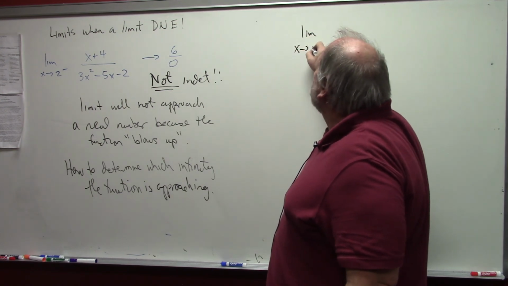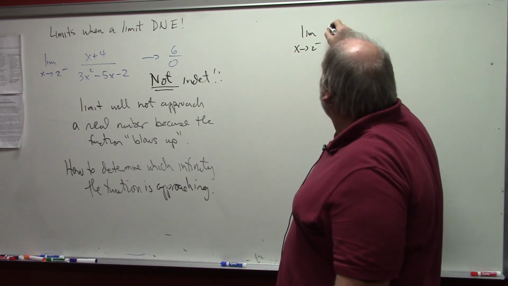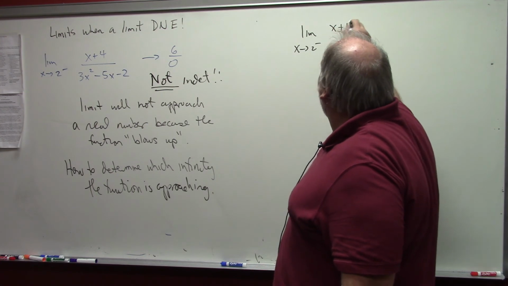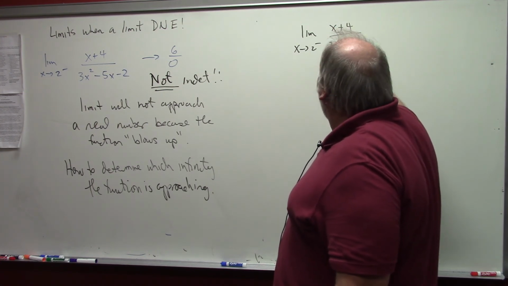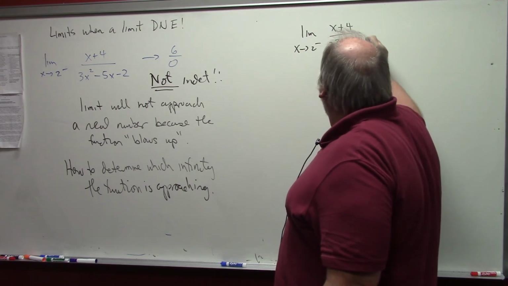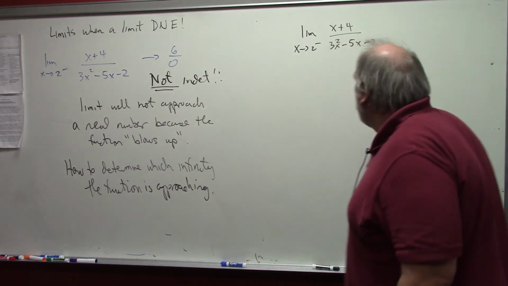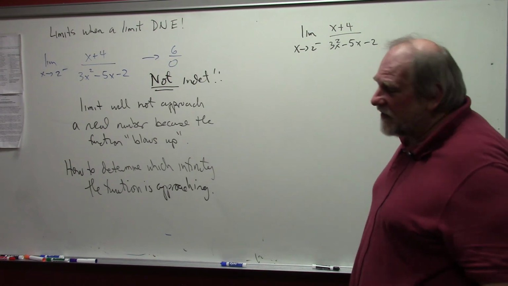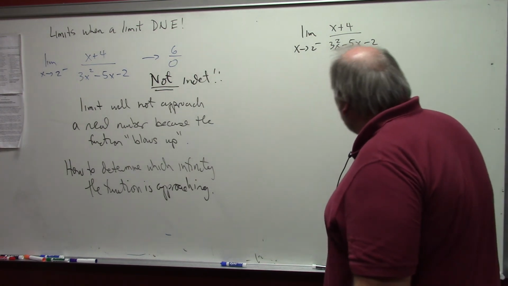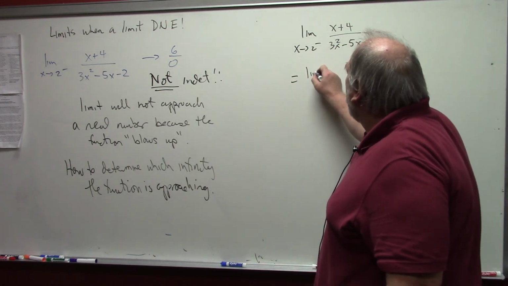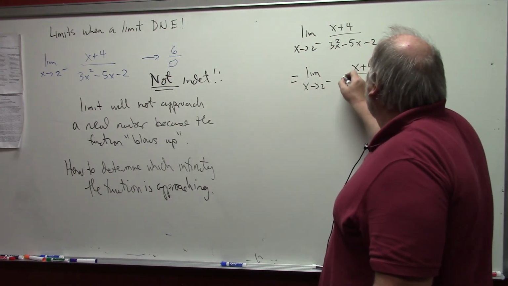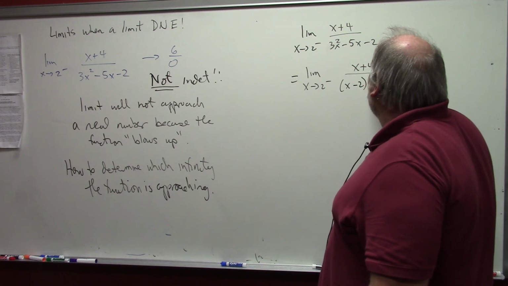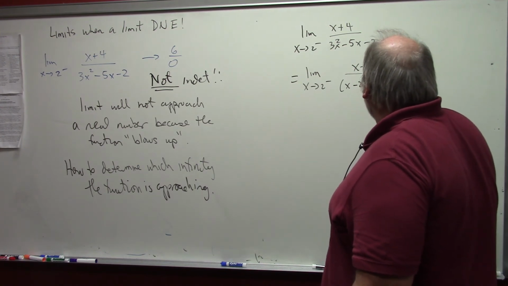So the question then becomes, what can we do about it? Limit as x approaches 2 from the left. I'm going to rewrite the problem here. Since my denominator is approaching 0 and this is a polynomial, we can still factor that: x minus 2, 3x plus 1.